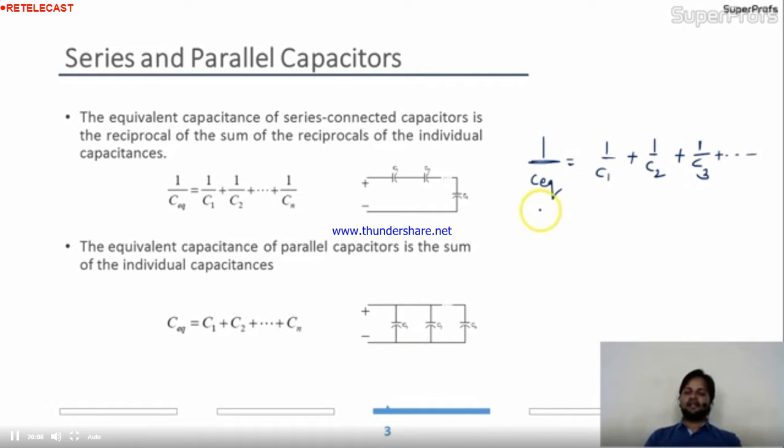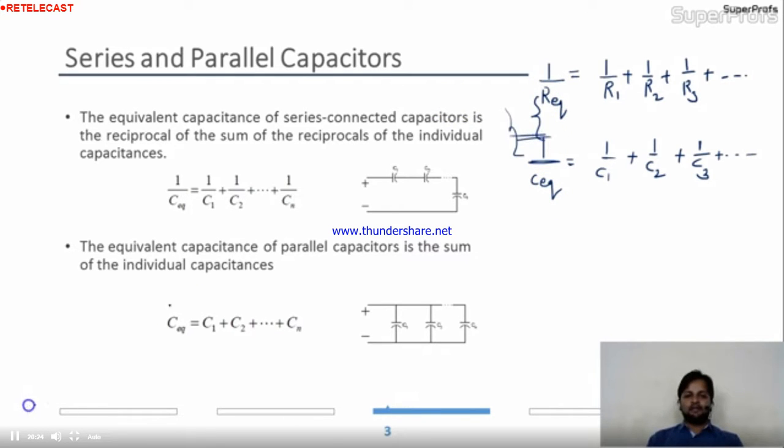Okay, it's like parallel connected resistors, because for the parallel connected resistors the formula is the same, R1 plus R2 plus R3. So you can easily remember by correlating these two in your mind, whatever way you remember. Now come to the parallel combination.